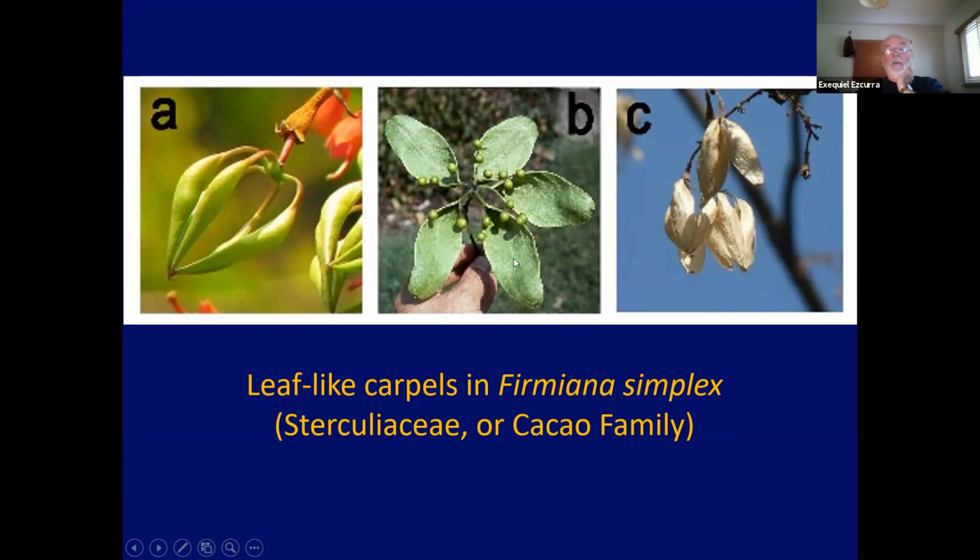And once the fruit ripens and matures, you can see they open and they actually show very well the structure like a leaf. They're green, they're leafy, and the ovules, once they become fertilized, they become the fruits, standing on the edges of that leaf. You can actually see very well here the structure of the carpels that gave origin to the fruit. Once they dry, they look like dry leaves sitting in the plant.